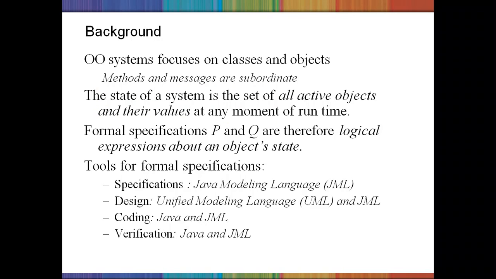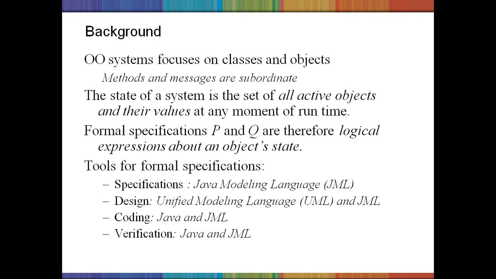We know object-oriented systems focus on classes and objects, so methods and messages are subordinate. Objects communicate via messages. Here the state of a system is the set of all active objects and their values at any moment of runtime of the program.